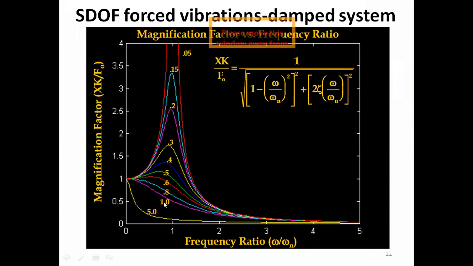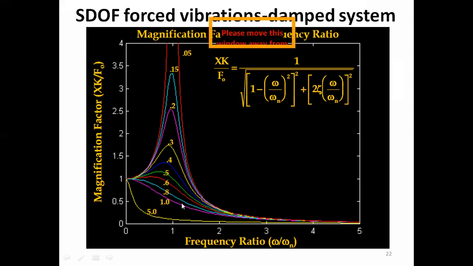Here you have seen these numbers, and these numbers represent the value of zeta. For this red line, zeta is 0.05, 0.15, 0.2, 0.3, 0.4, 0.5, 0.6, 0.8. These zeta values are less than 1, meaning that in these damping ratios we have an underdamped system. And here you see in this pink line, zeta is equal to 1.